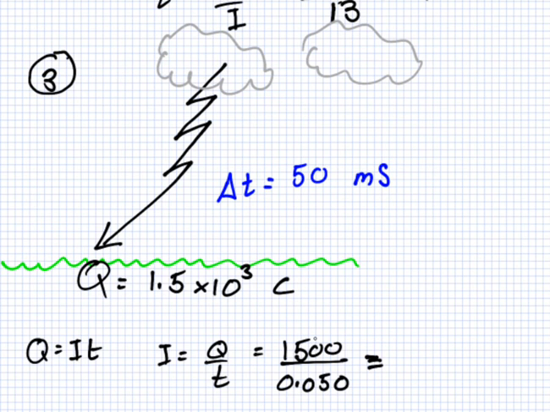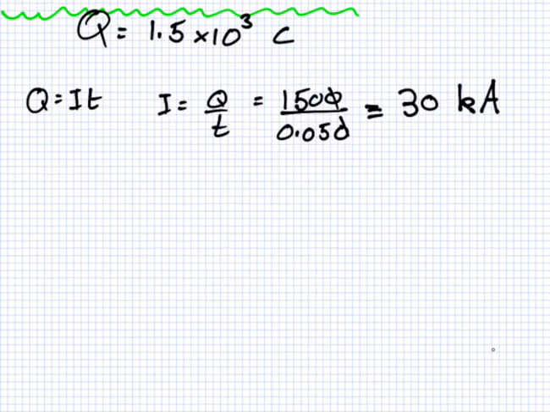So the question is, what's the I? So Q equals IT, I equals Q over T, which will be 1500 over 0.050. What's that, please? Let me see.